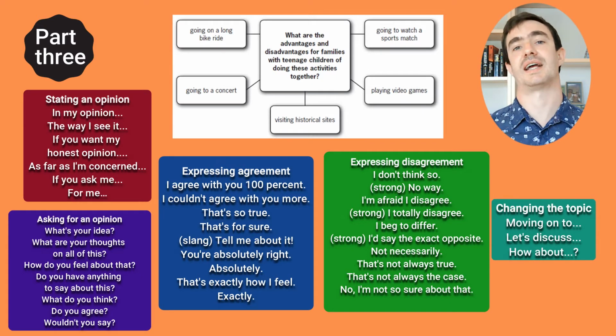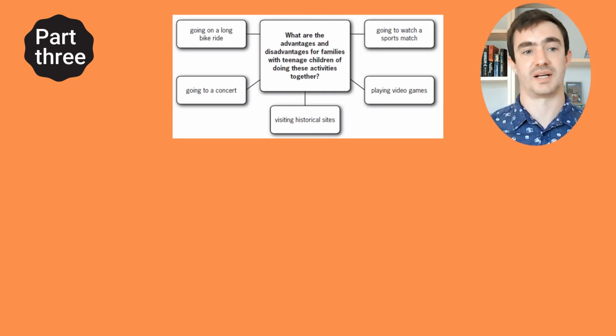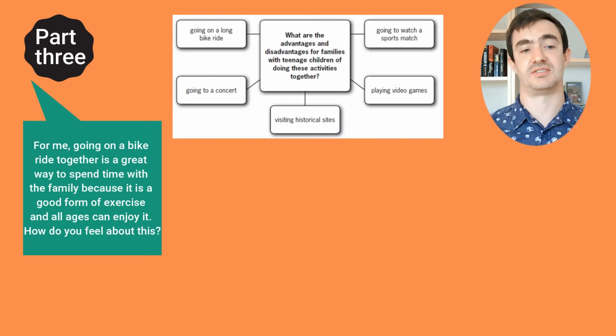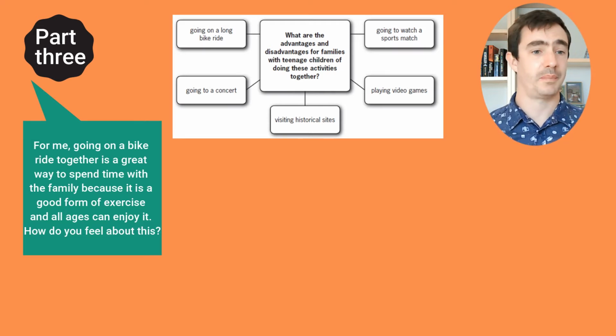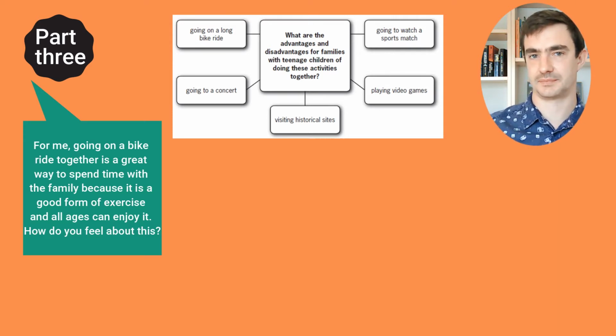So let's take a look at an example, shall we? I'm going to look at 2 different roles here. One person might start by saying, for me, going on a bike ride together is a great way to spend time with the family, because it is a good form of exercise and all ages can enjoy it. How do you feel about this?